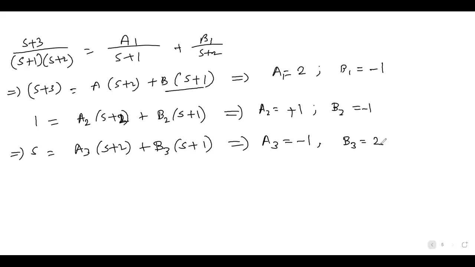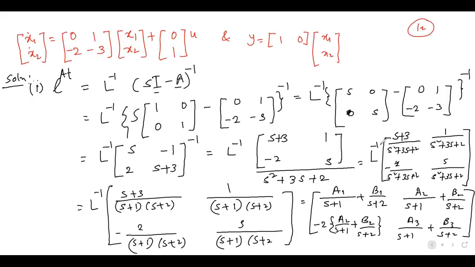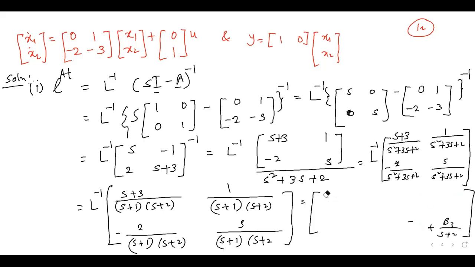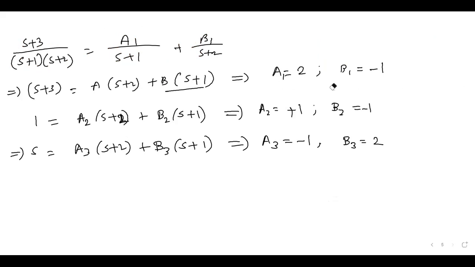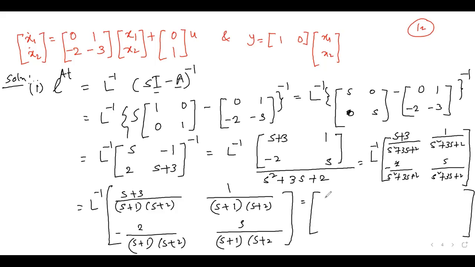So now you put the value here. I'm putting the values of a2, b2, a1, b1, and this will be -2. Okay. So here this is 2 minus 1, so 2 by s plus 1 minus 1 by s plus 2.